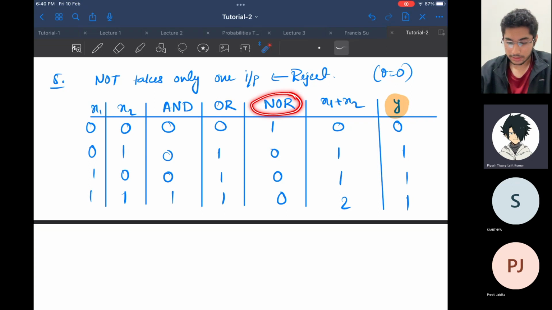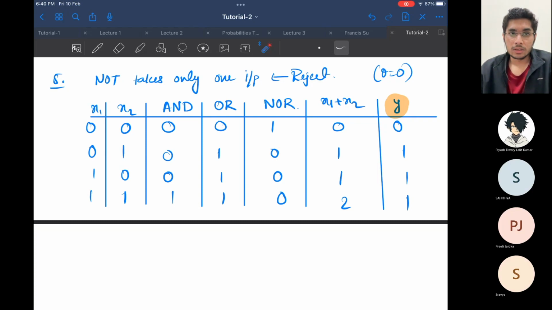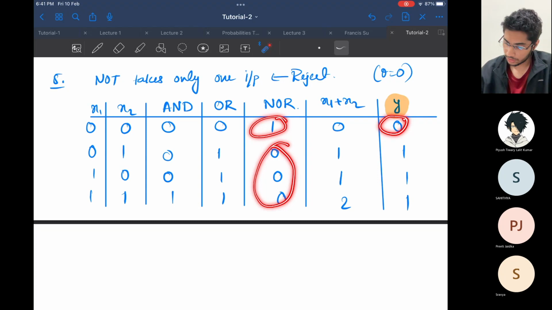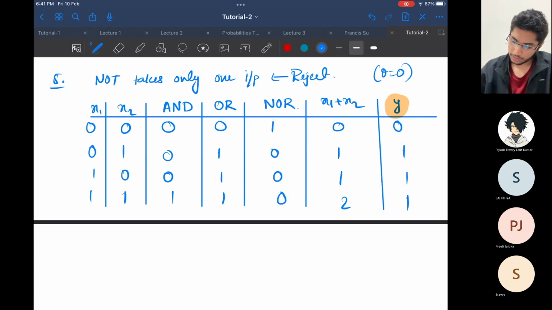If you look at the NOR function, it gives 1 when your y is 0, and it gives 0 when your y is 1. So actually, NOR is nothing but y's complement.